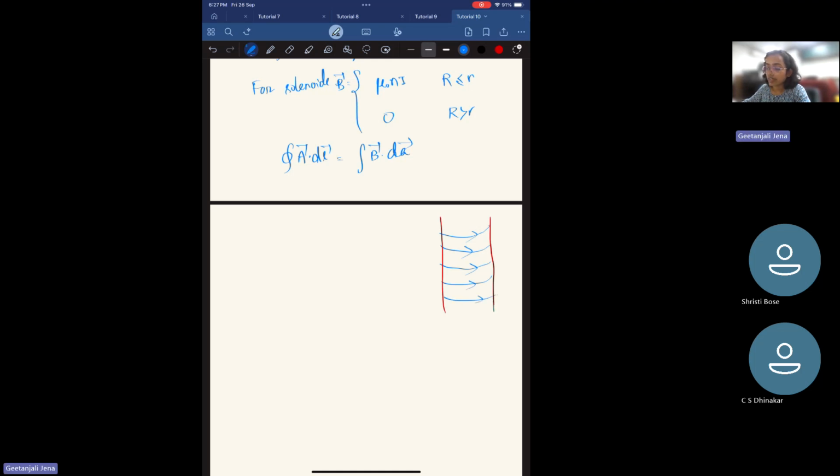So the direction of the vector potential, if you look at the definition, as we have seen in the lecture, it is mu naught by 4 pi, I dl by r square. So this means it is in the direction of the current.